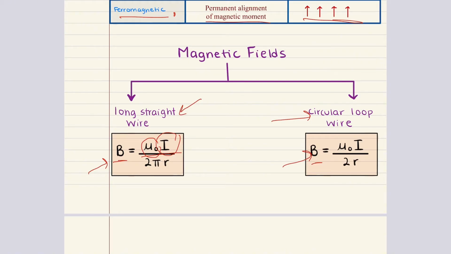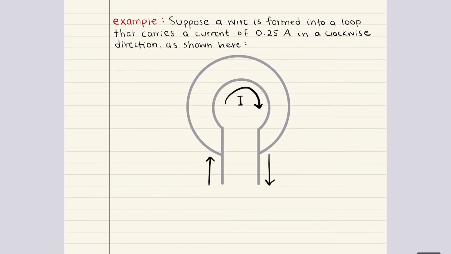It's equal to mu naught, which is the permeability of free space, and it's multiplied by I. This is the current flowing through it, and this is divided by 2r, where r is the radius of the loop. The magnetic field is going to be the strongest at the center of the loop and weaker as you move away from the center. Keeping this information in mind, let's go ahead and tackle a practice problem.